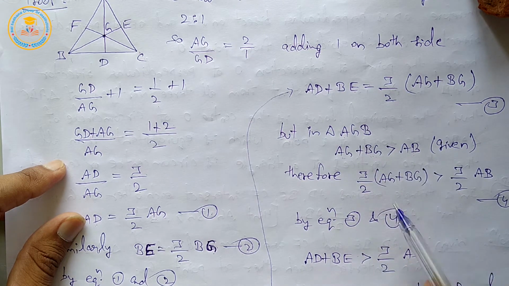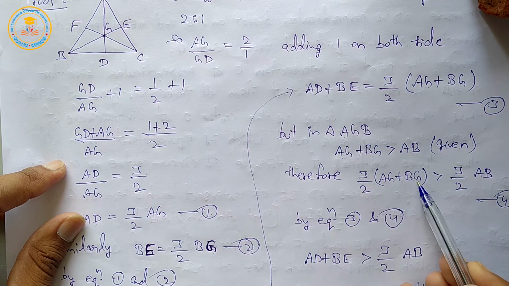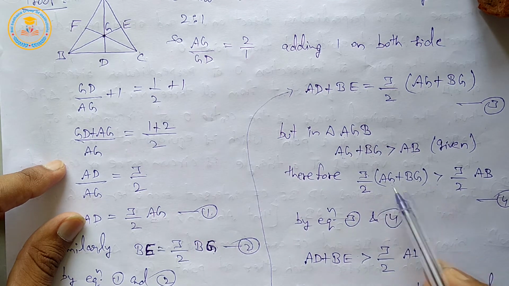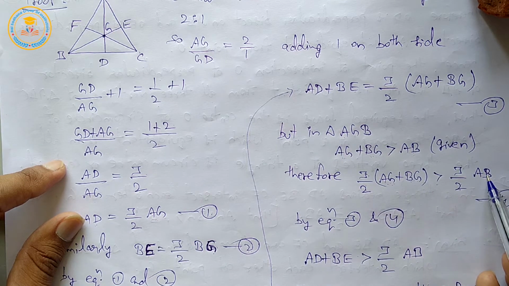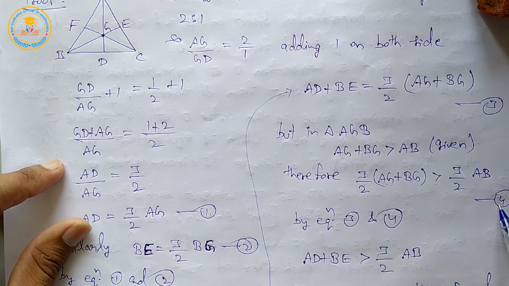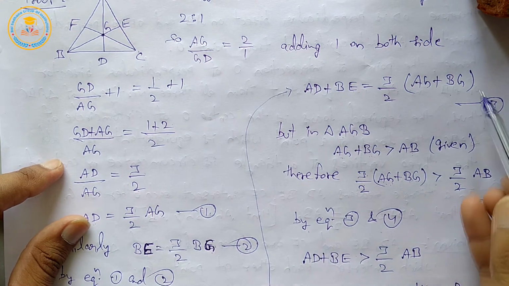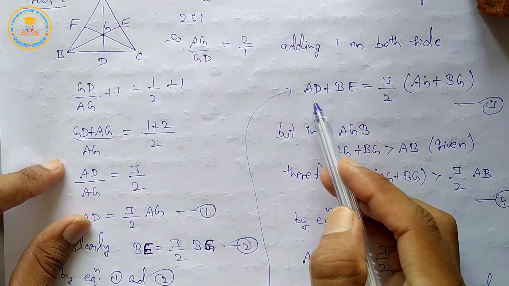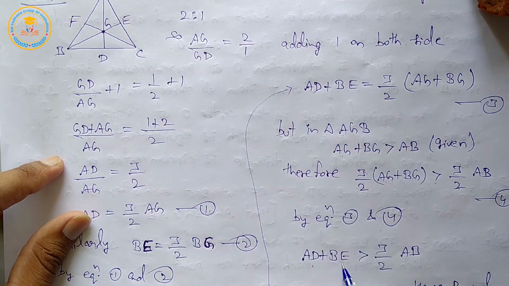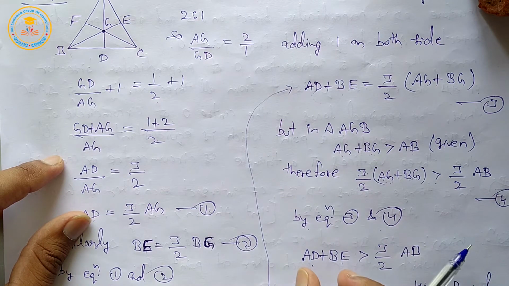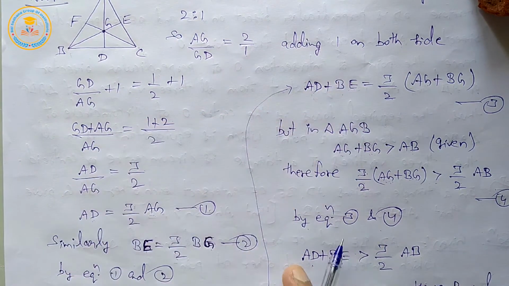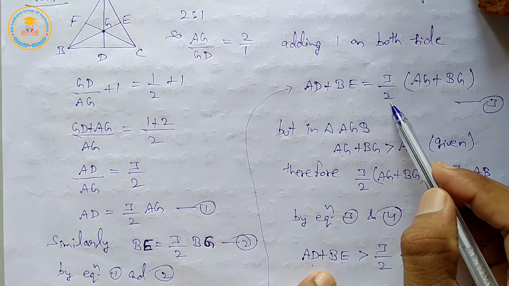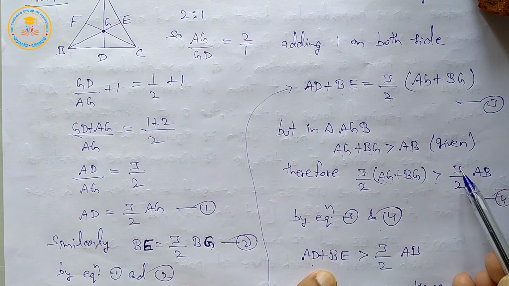The right hand side 3 by 2 into AG plus BG is replaced by 3 by 2 into AB, and the equal sign is converted into greater than. So the left hand side AD plus BE is greater than 3 by 2 AB, and this is proved. Hence proved.